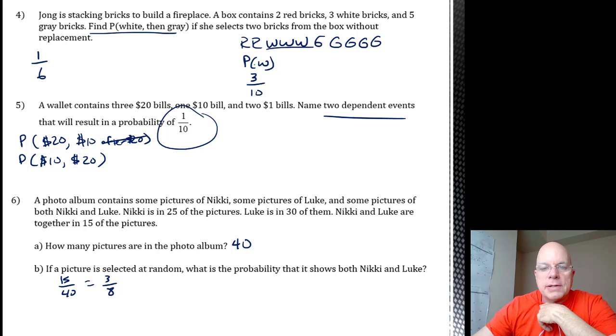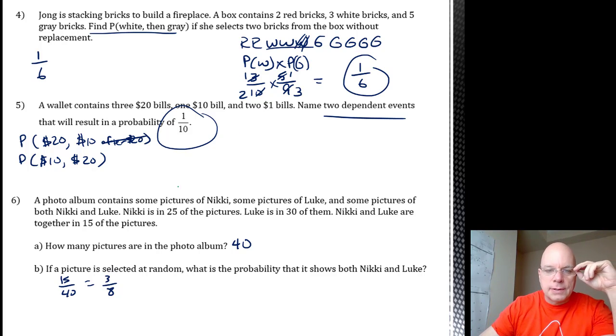And then she doesn't replace the white, so I'm just going to cross off 1 white. The probability of selecting gray after white without replacement, there are 5 gray out of now 9 bricks. The 3 and the 9 simplify to 1/3. The 5 and the 10 simplify to 1/2. And so that's how I get the 1/6 for those dependent events.